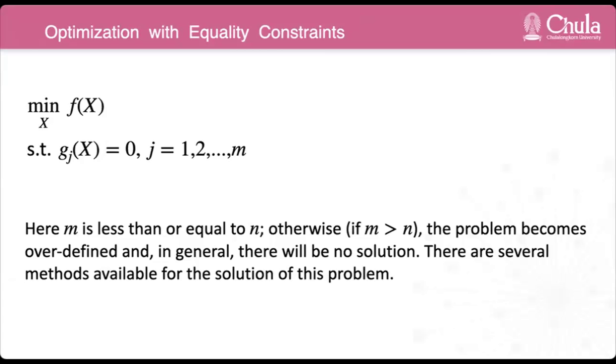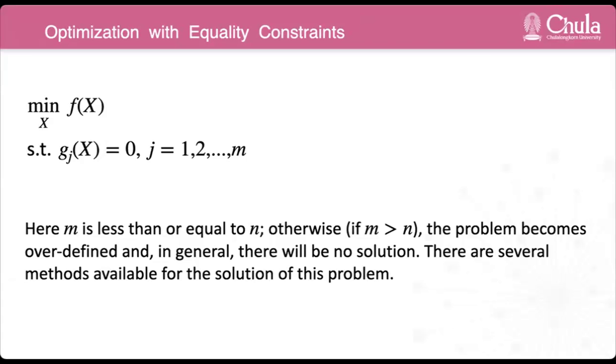Because if the number of equality constraints is larger than the number of variables, the degree of freedom is negative, and you cannot solve the problem. And if the number of equality constraints equals the number of variables, you use root finding.